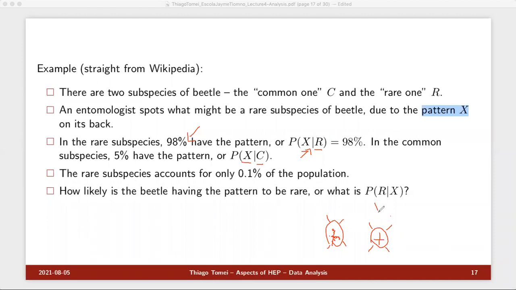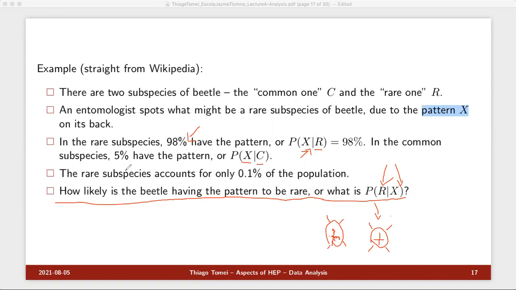But you found the beetle. How likely is it that the beetle having the pattern is rare? Or what is the probability of it being rare given that it has the pattern? You should be pretty sure, right? I mean, come on.